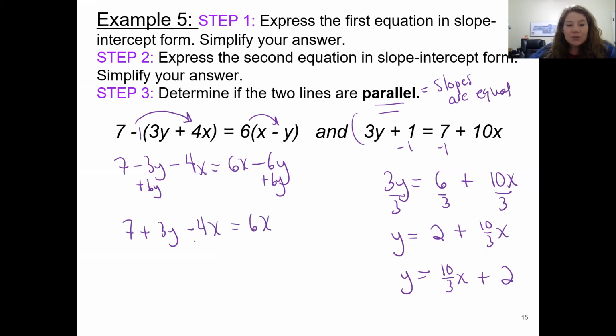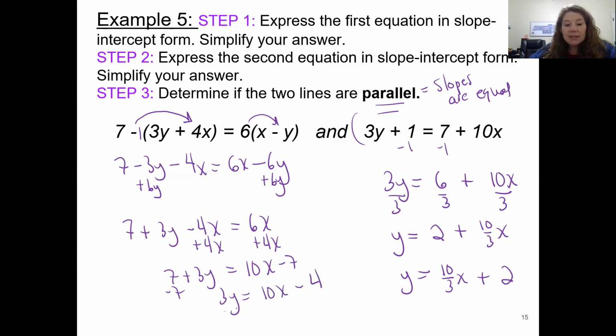And now we're going to get rid of this 4 by adding 4x to both sides. So we're going to do 7 plus 3y equals 10x. Then we're going to subtract 7 from both sides. So we have 3y equals 10x minus 7. And finally, we divide every single term by 3. And we get y is equal to 10/3 x minus 4/3.